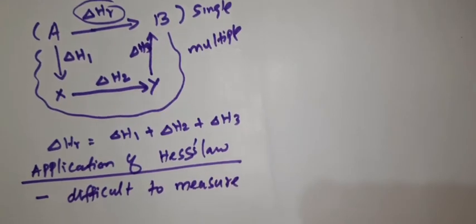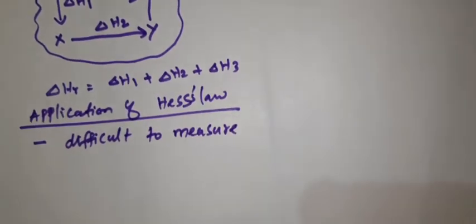Hess law can be applied to calculate enthalpies of reaction that are difficult to measure. So wherever it is very difficult to measure the enthalpy, we can apply the Hess law.